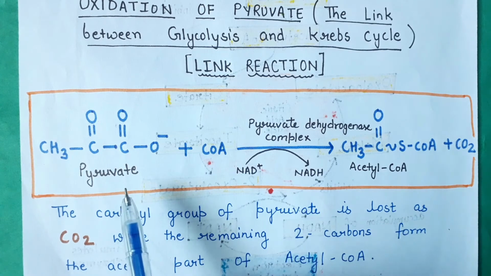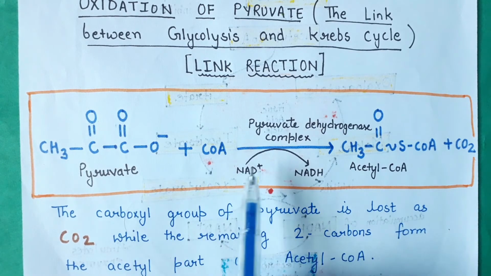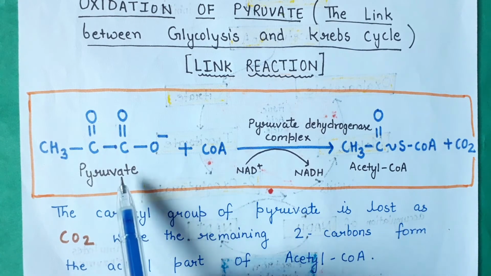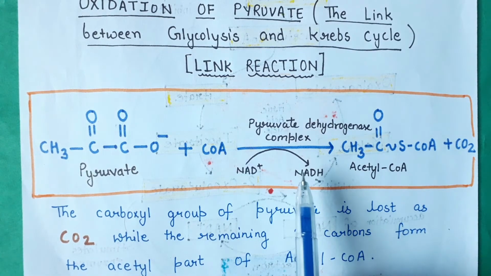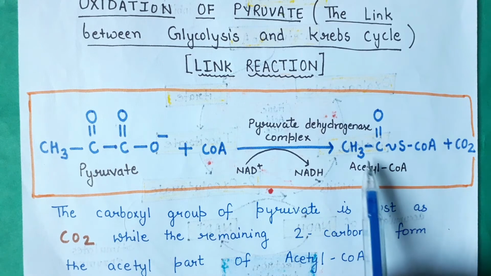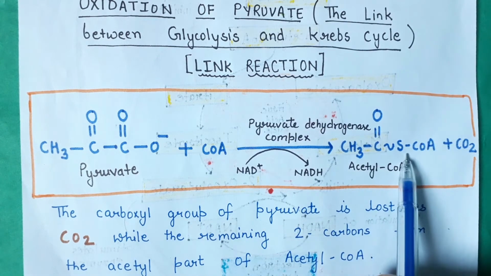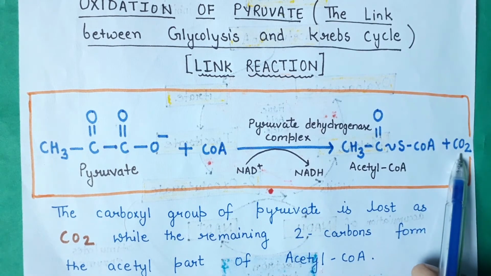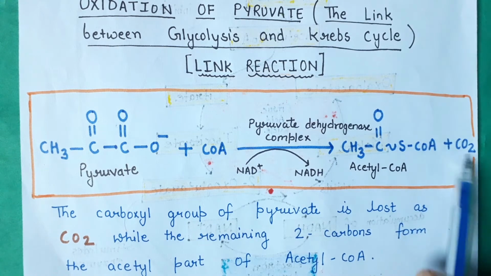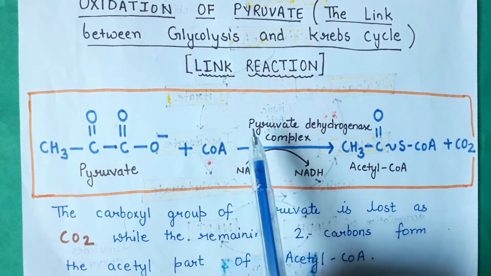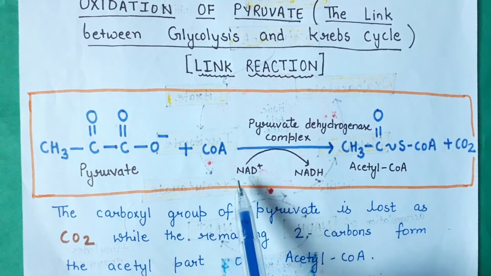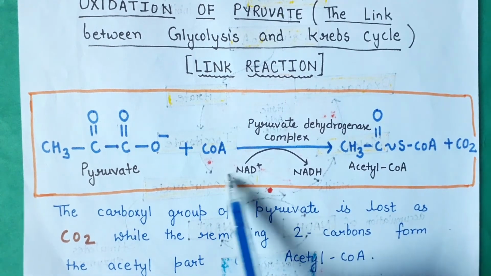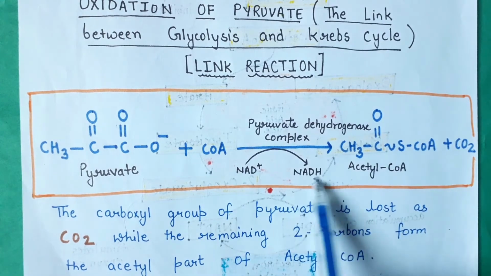This is the reaction of the oxidation of pyruvate, in which the pyruvate undergoes oxidative decarboxylation and gets converted into acetyl coenzyme A, along with the release of one molecule of CO2. The enzyme used in this process is the pyruvate dehydrogenase complex, and in this process NAD is converted into NADH.